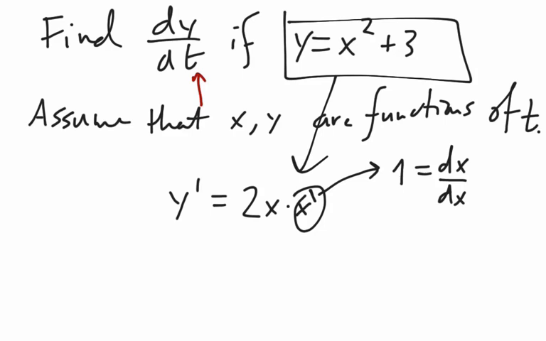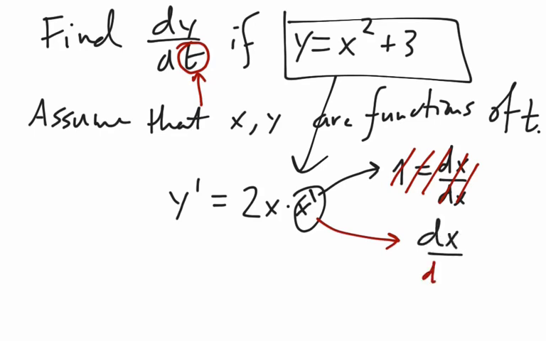Very nice. But we have an issue here: we took the derivative with respect to t. So in this case, this x prime is really dx, wait for it, dt. And that's okay. We want that dx dt there.